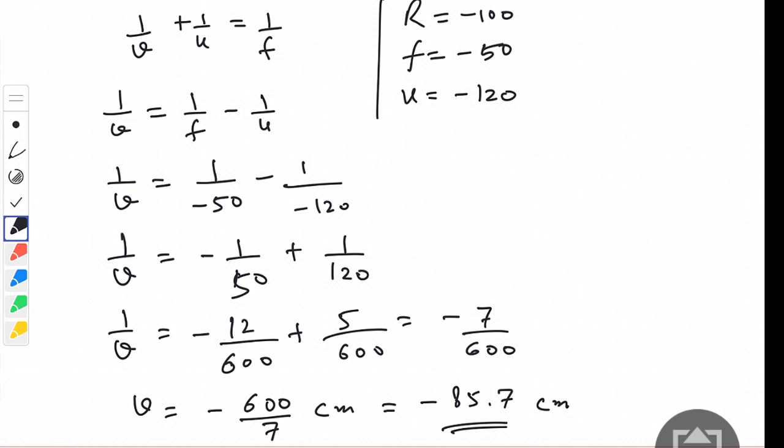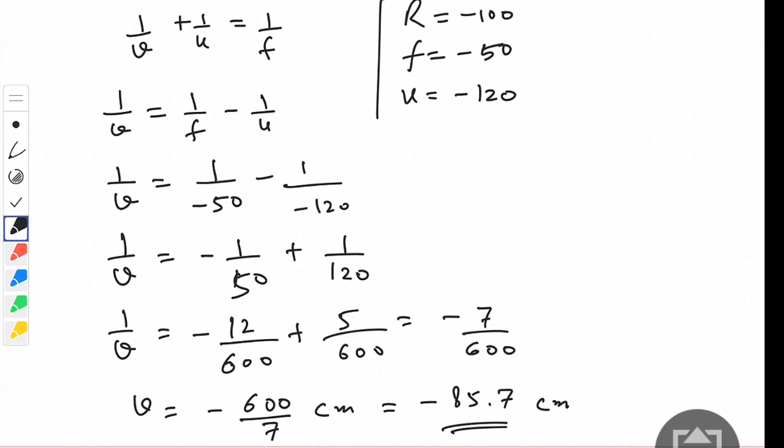The problem was a little hard because first, I did not give you f. Instead of giving f, I gave you R. Second, I expected you to make a mistake with f being minus 50. Why? Because remember, f is on the left side of the pole.